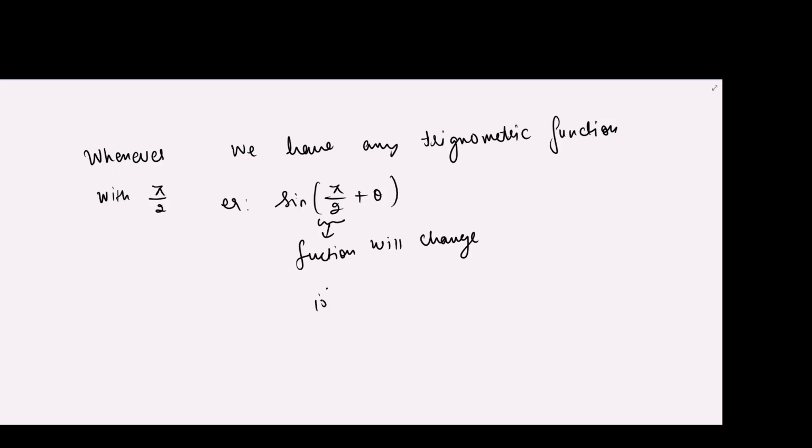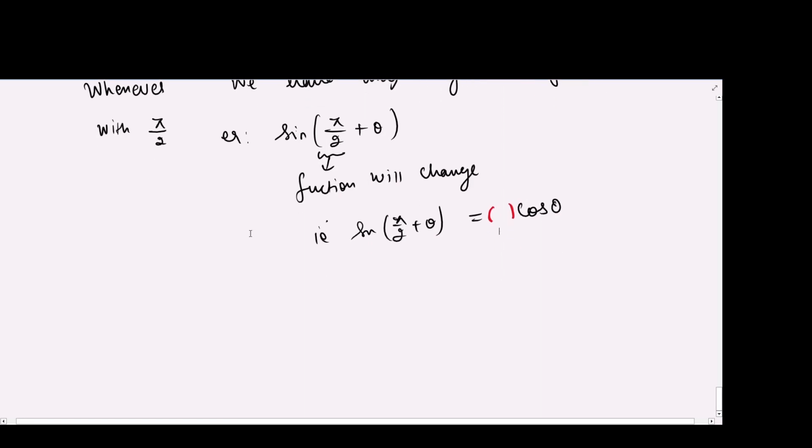That is, sin(pi/2 plus theta) is equal to cos theta. These brackets are where we will decide the sign later. First we will define what will happen if there is an angle pi by 2 in the trigonometric function.